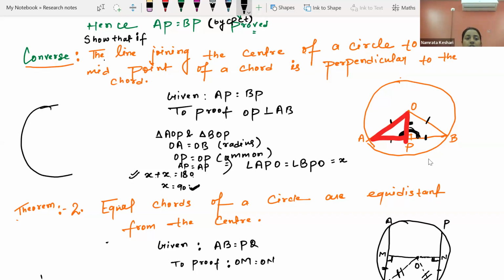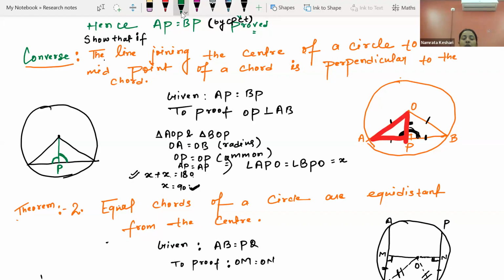And once these two triangles are congruent with each other, now you can say that the angle over here and the angle over here, these two are equal. We don't know it is 90 degrees or what, but by congruency we can say that the angle over here and the angle over there are equal. Yes or no?